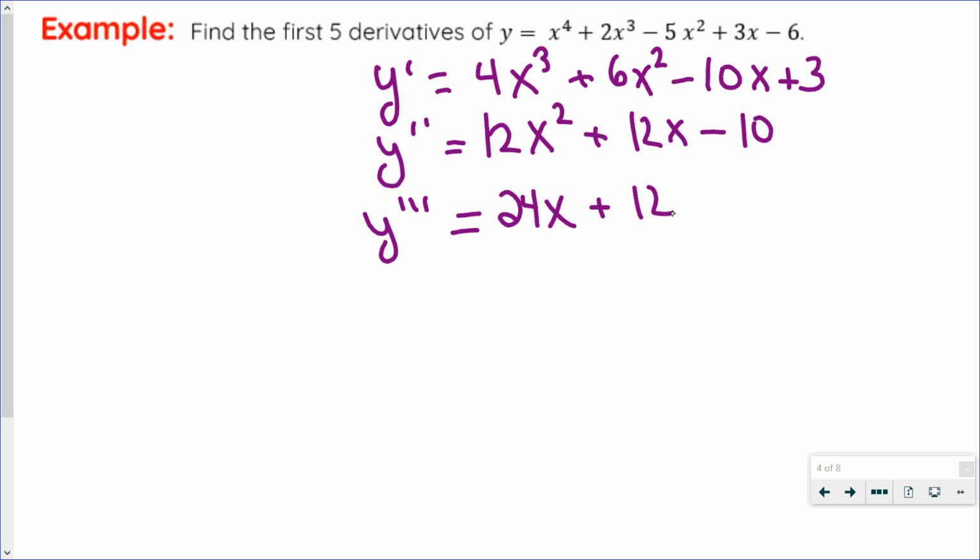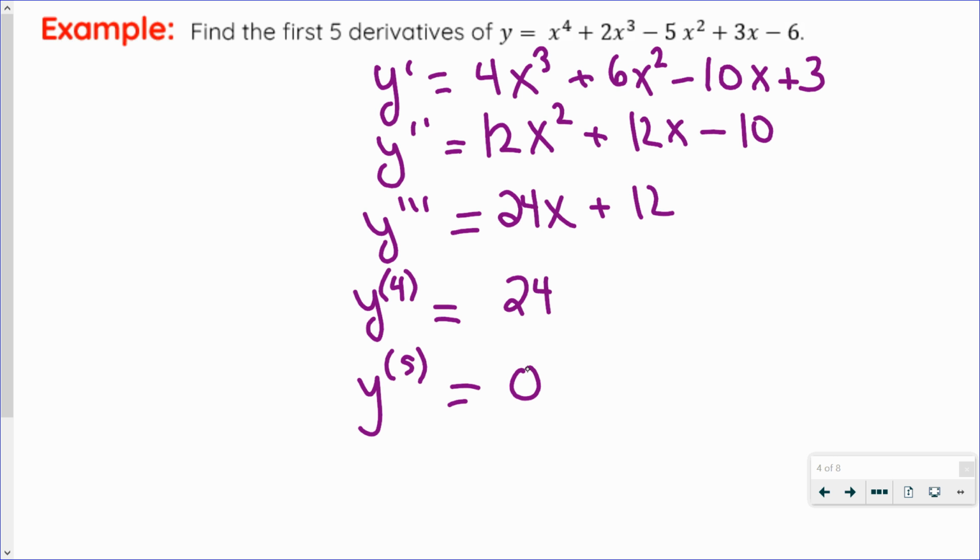And then we're going to go to the fourth derivative, but remember we're not going to use 4 primes. We're going to use 4 in brackets. So it's not y exponent 4, it's the fourth derivative. The derivative of 24x is just 24. And then the fifth derivative is just the derivative of a constant, which is 0.